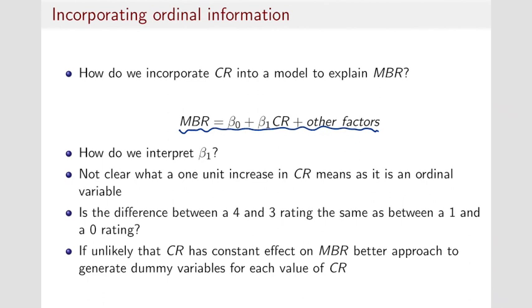If it is unlikely that the credit rating has a constant effect on the bond interest rate, then this model, which treats the credit rating, an ordinal variable, as a continuous variable, may be invalid. To deal with this changing marginal effect for different ordinals, a better approach is to generate dummy variables for each value of the credit rating.